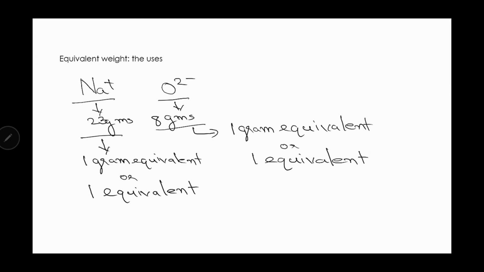So 1 equivalent of any substance will always be requiring 1 equivalent of the other substance to oxidize it, to displace it, whatever. So that's the main use of equivalent weights. For example, if you have 1 milli equivalent of H plus, then you will be requiring 1 milli equivalent of OH minus, and 1 equivalent equals how much? 1 equivalent equals the equivalent weight of that substance. So 1 gram equivalent or 1 equivalent is equal to the equivalent weight of the substance.